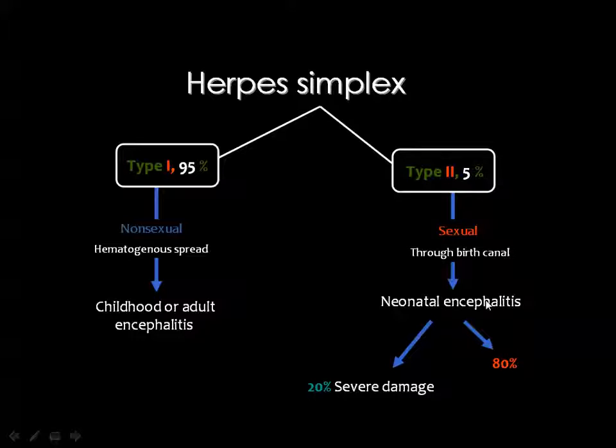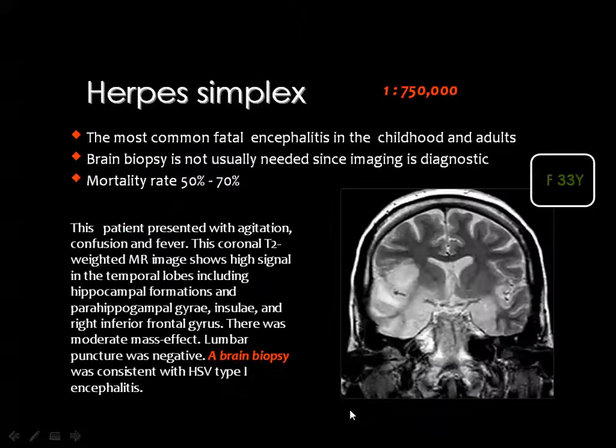It causes neonatal encephalitis, and this will result in death in about 80% of the cases, and the remaining 20% may show severe brain damage. Then herpes simplex is the most common fatal encephalitis in the childhood and adult patients.